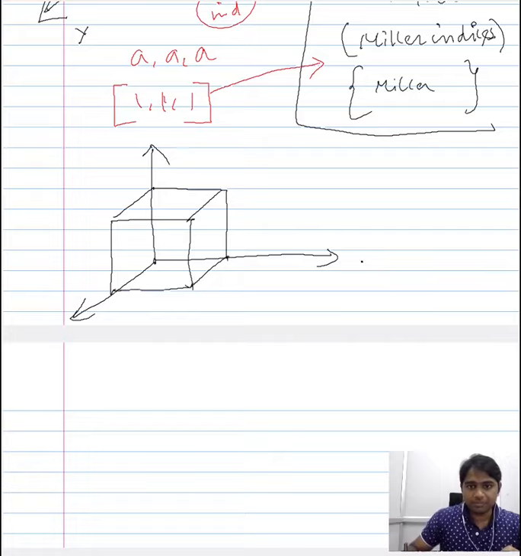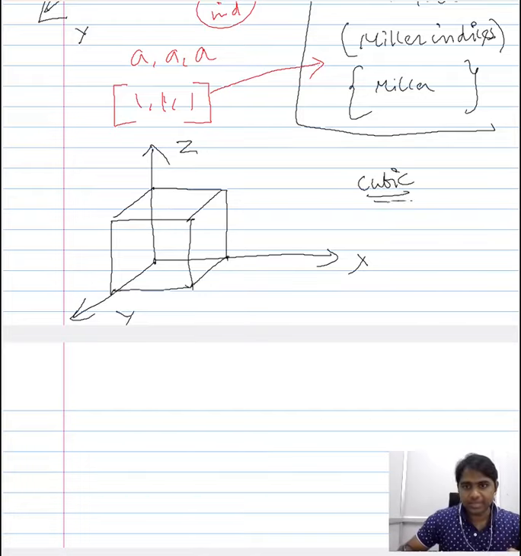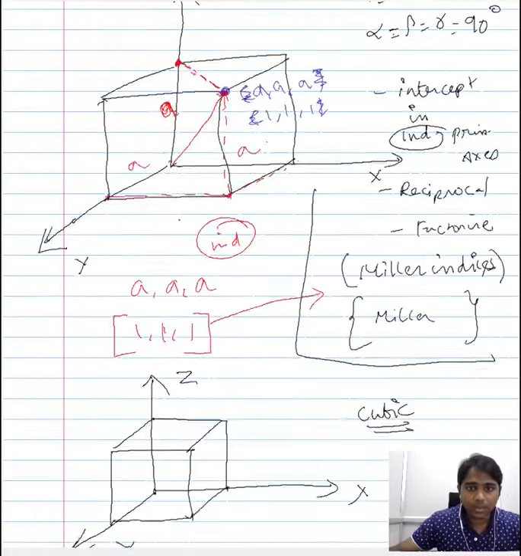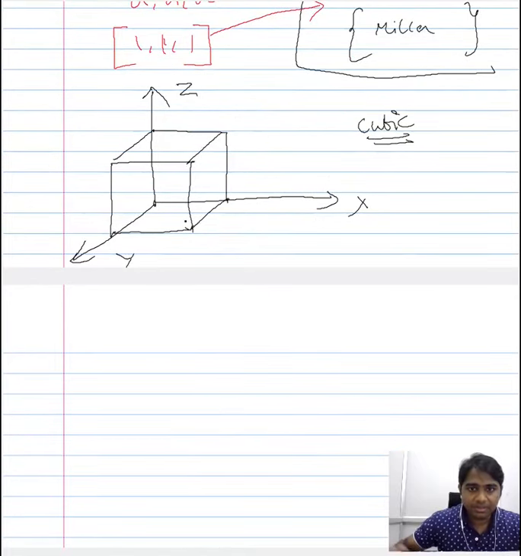So you have your frame of reference, which is mutually perpendicular, and the unit cell dimensions are equal, so of course we have a typical cubic unit cell. Now let us consider a direction that is parallel to the 1, 1, 1 that we considered here, but it starts from here.